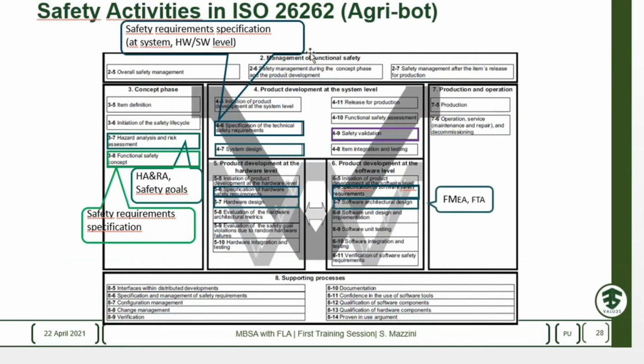As for applicability, we will work on the applicability of this methodology in the AgriBot, and this methodology is fully applicable according to ISO 26262 for the HARA analysis in particular, and also to express safety goals and safety requirements, and then can be iterated at the further levels.